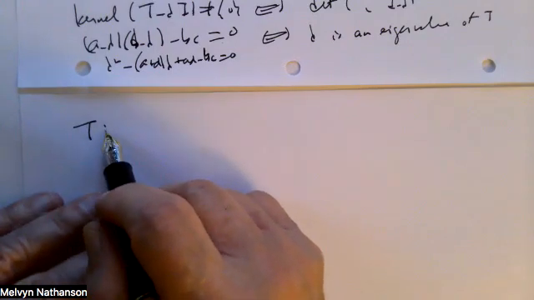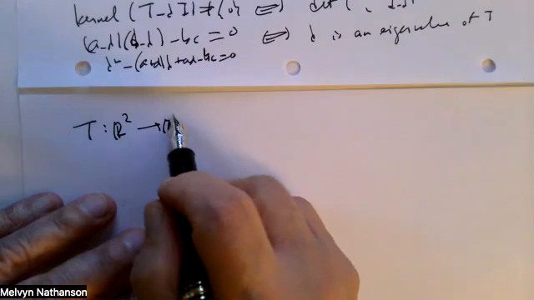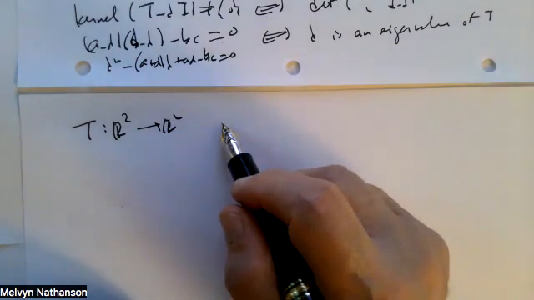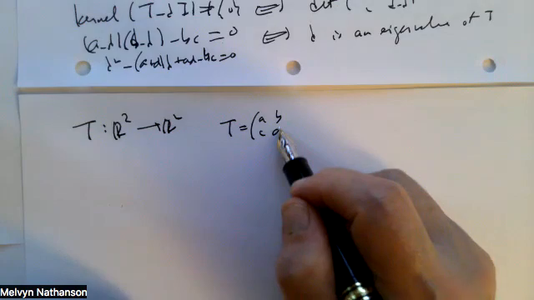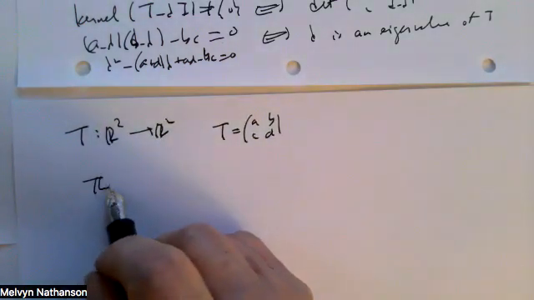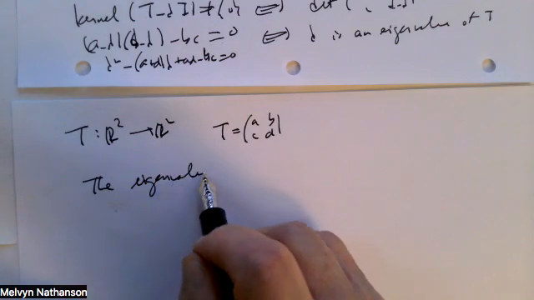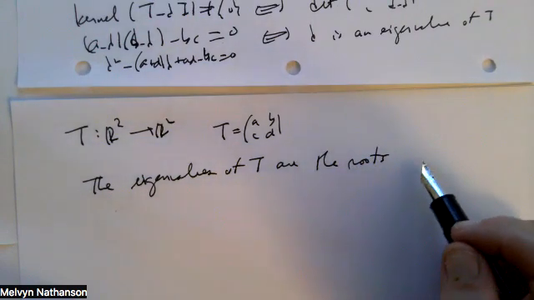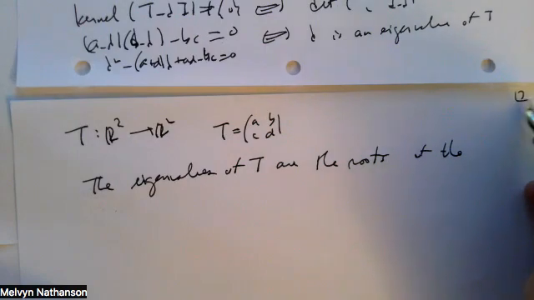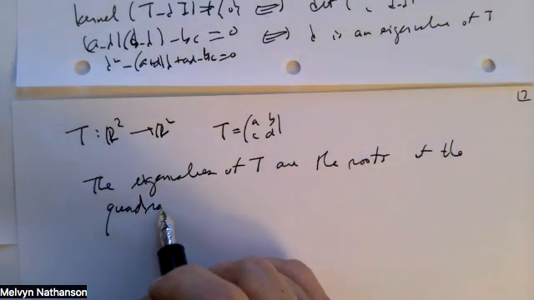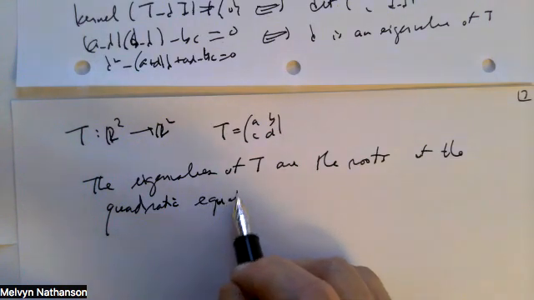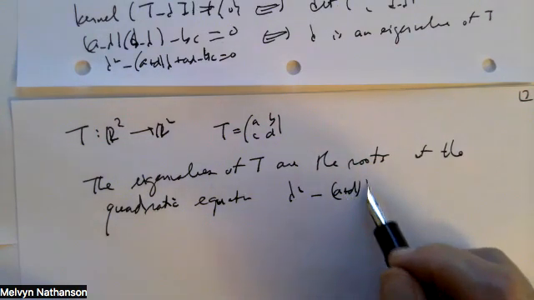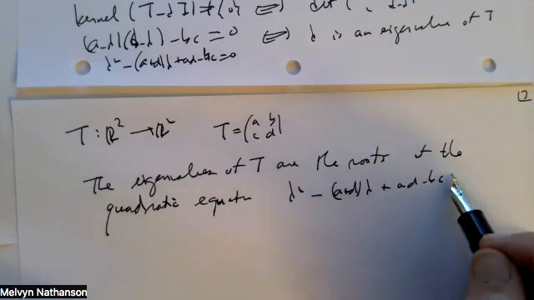So we have T from, let's say, R2 to R2. Actually, it doesn't matter what the field is, but say R. Suppose T is given by a matrix A, B, C, D, then the eigenvalues of T are the roots of the quadratic equation lambda squared minus A plus D lambda plus AD minus BC equals 0.